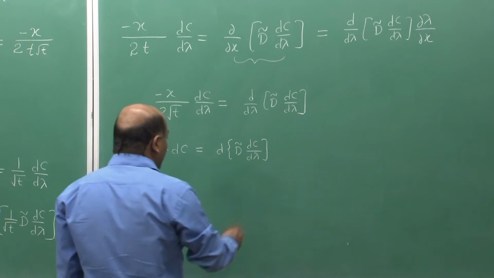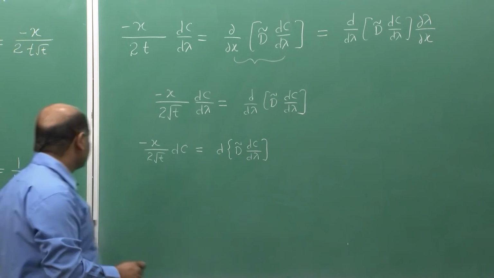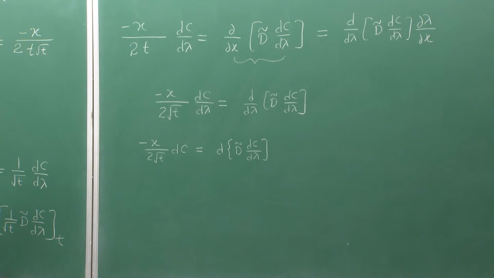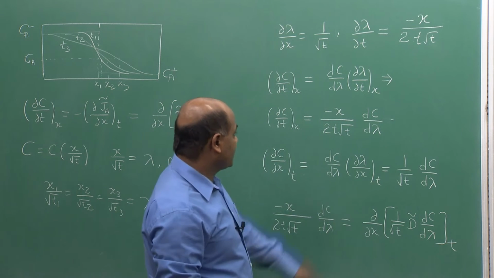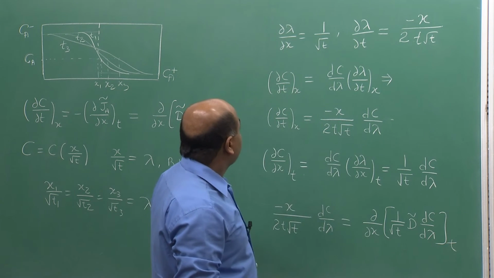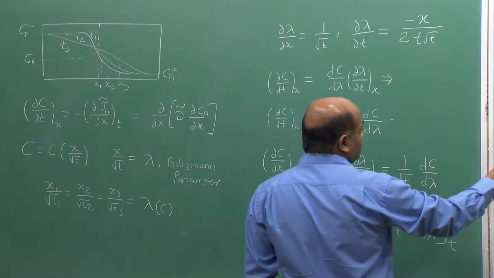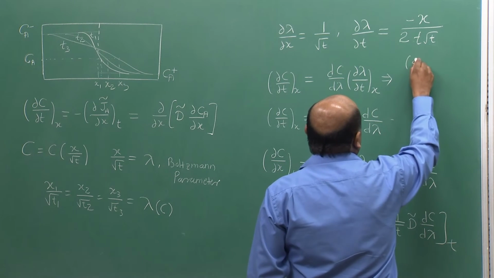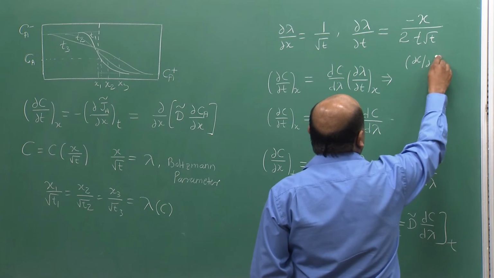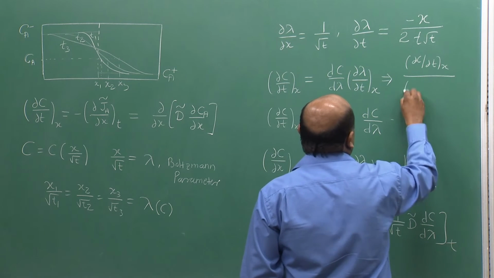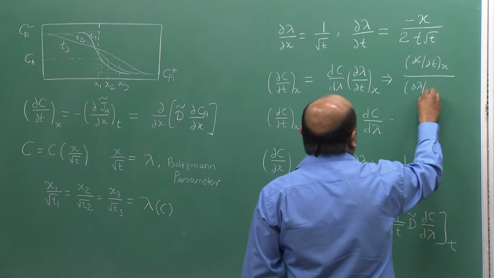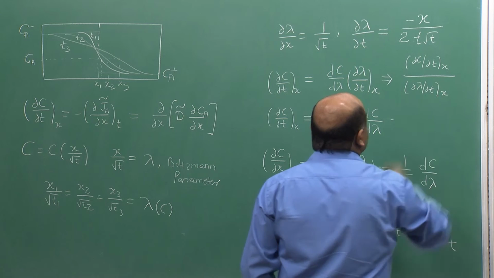Now, if we substitute back for dc/dλ, we get from here dc/dλ is equal to ∂c/∂t at x divided by ∂λ/∂t at x.